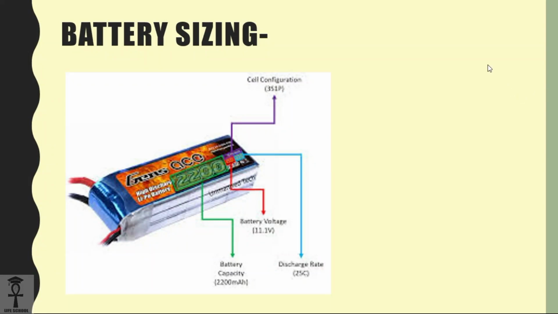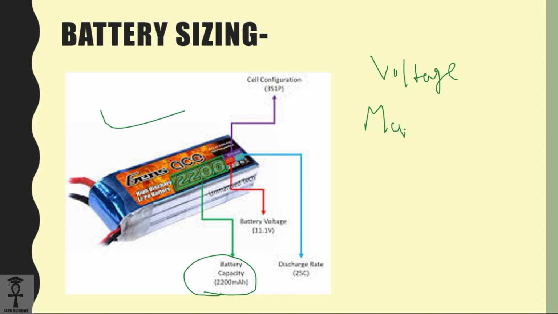After selecting the motor, the next step that we are going to do is select our battery. So the battery selection is dependent on three things. First, the voltage, that is the number of cells. Then there comes the mAh rating.